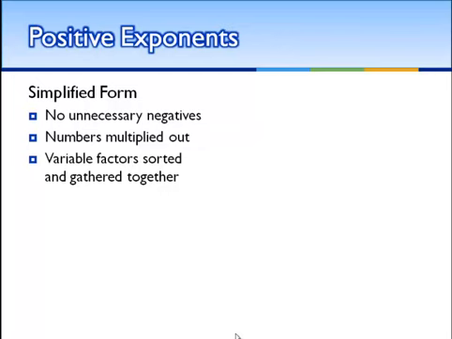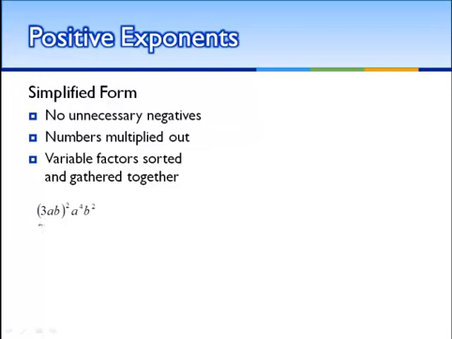So let's look at a few examples of simplified form. In this example, 3ab squared times a to the fourth times b to the second power. The first thing I would do is look at this 3ab squared.